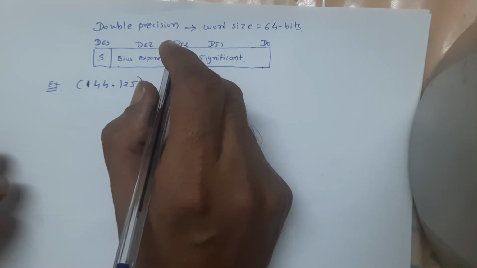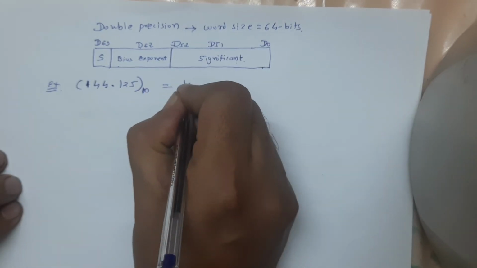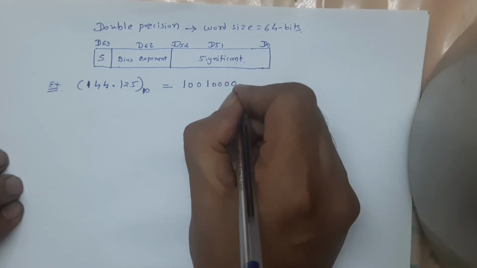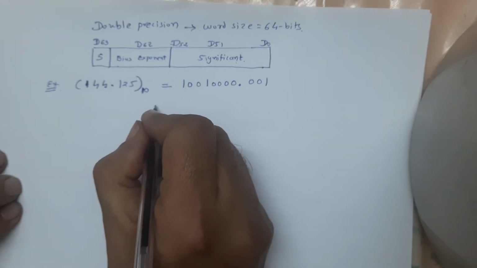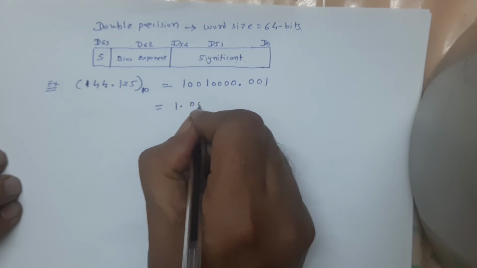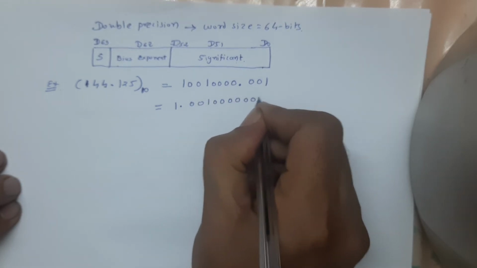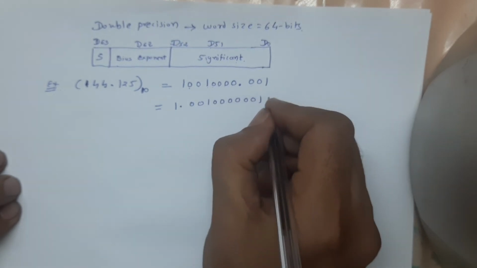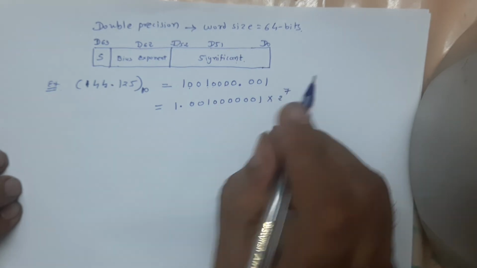Its binary representation is equal to 10010000.001. So its significand is equal to 1.0010000001, that is, 7 places shifted, so times 2 raised to 7, right?